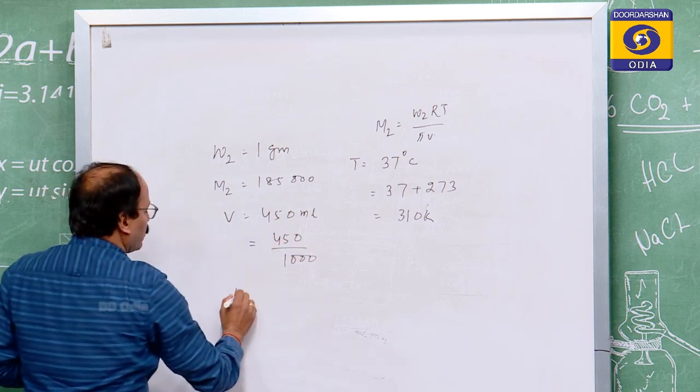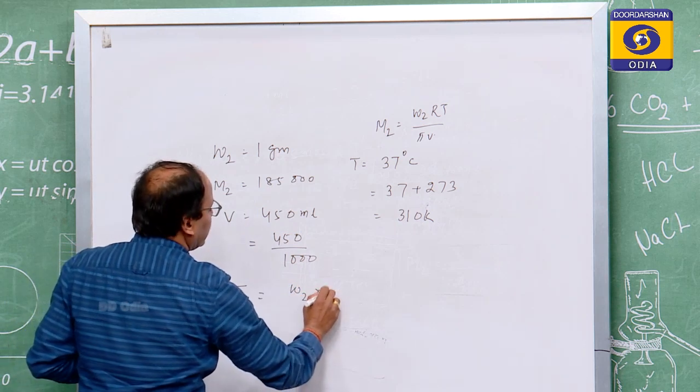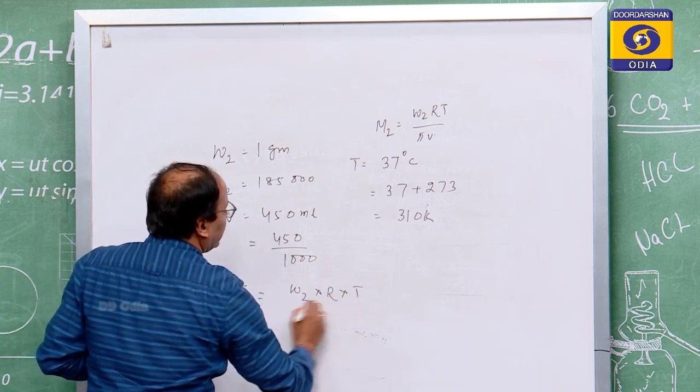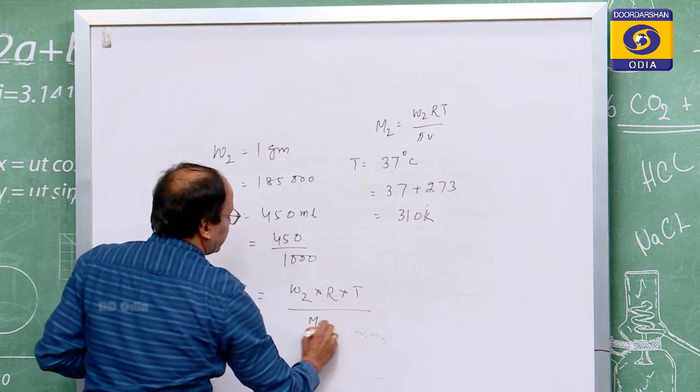You put all the values in the expression, pi is equal to W2 into R into T divided by M2V.